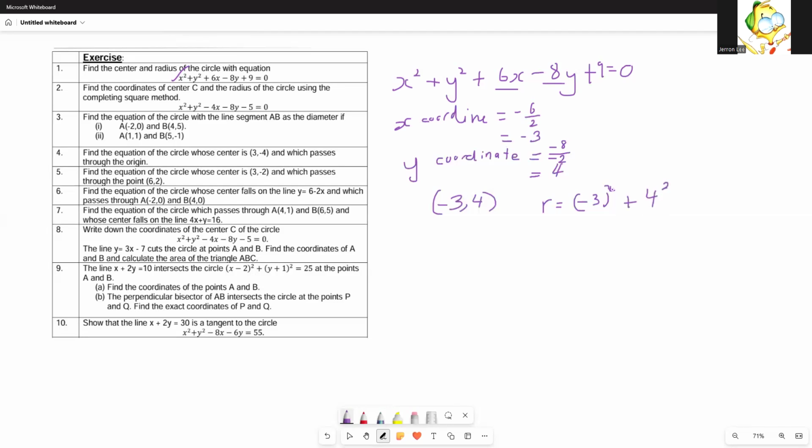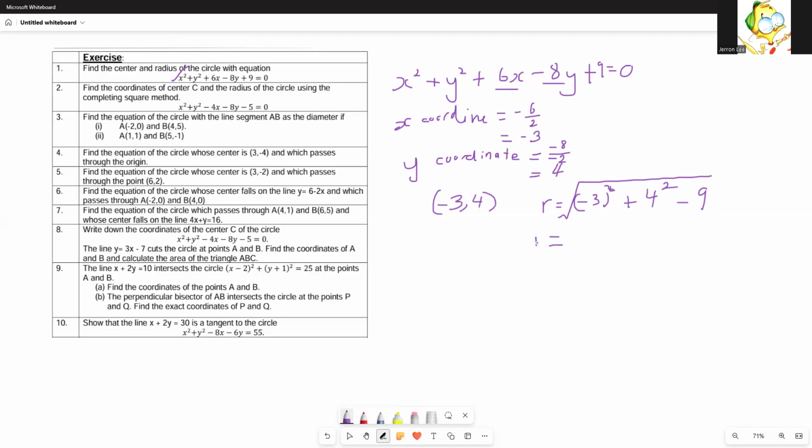If you push the 9 over to the right side, that becomes minus 9. Don't forget our equation of a circle is in squares, so it's actually r squared. That's why there is a need for you to square root.